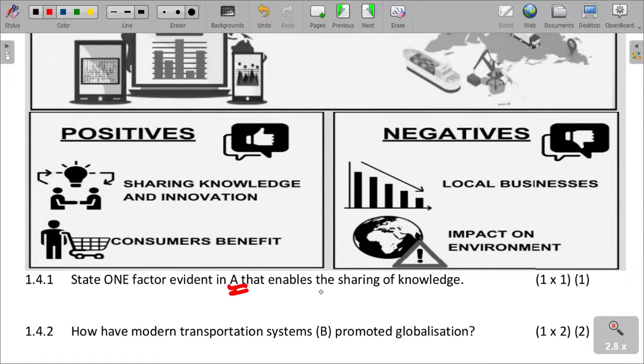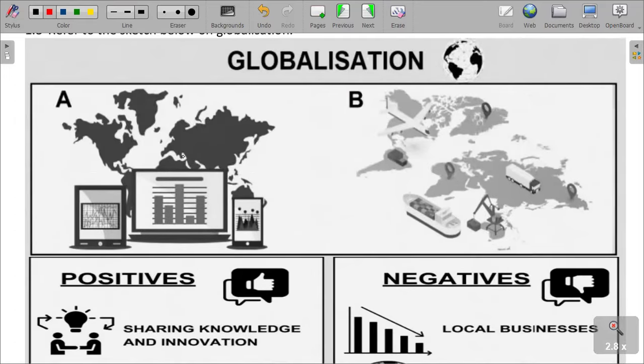So what is that? When we look at A here, we are given the computer, or digital technology.